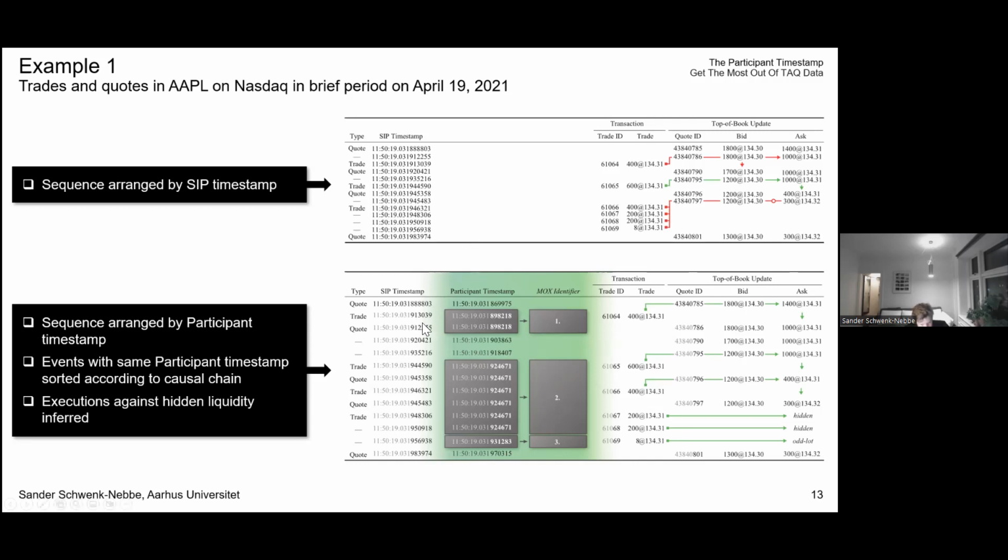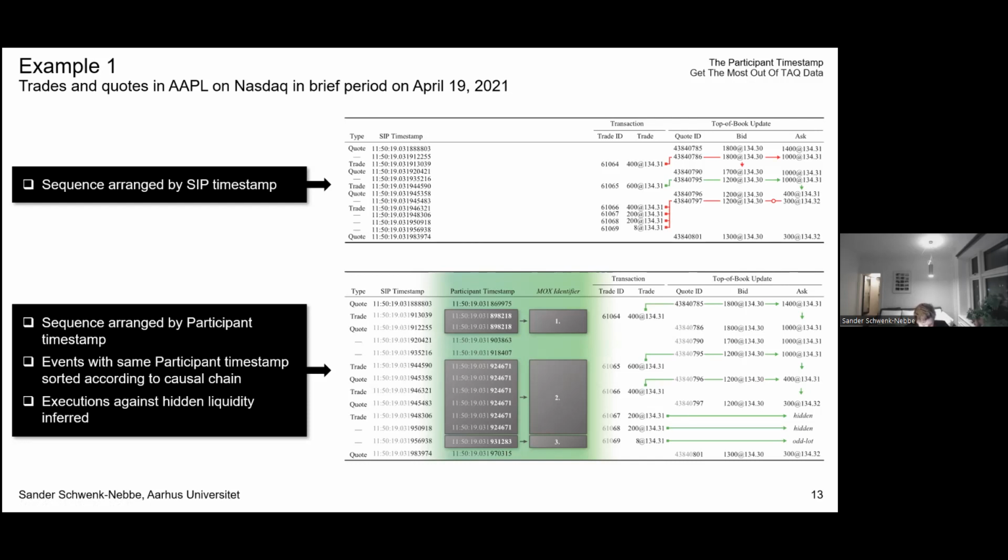So now we know actually that the first trade was executed against the visible top of book, triggering a quote update. We now also understand that the 4 trades were not executed at the mid quote. This is naturally important for trade signing. I will come back to that at the end of this talk. Two of the 4 trades were executed at the visible top of book, updating it twice.